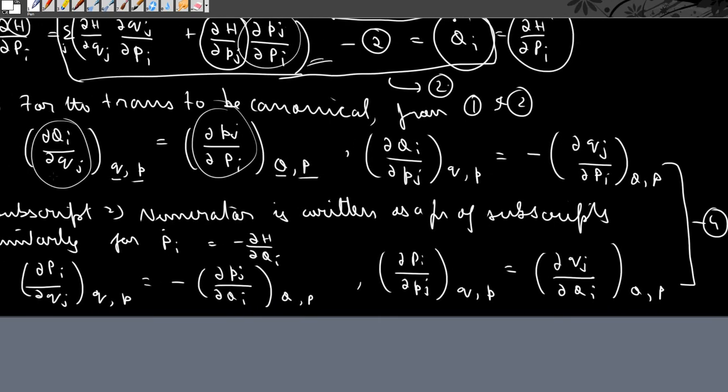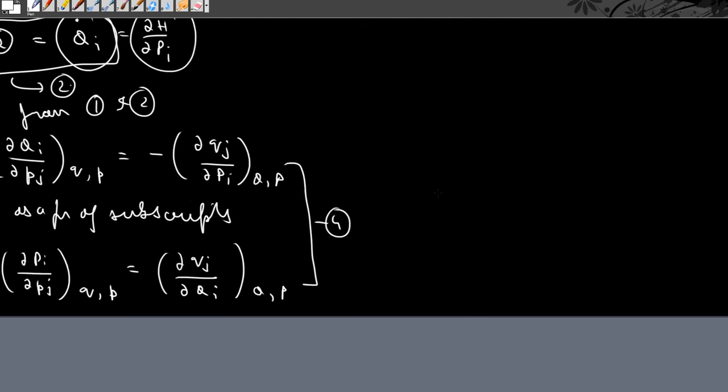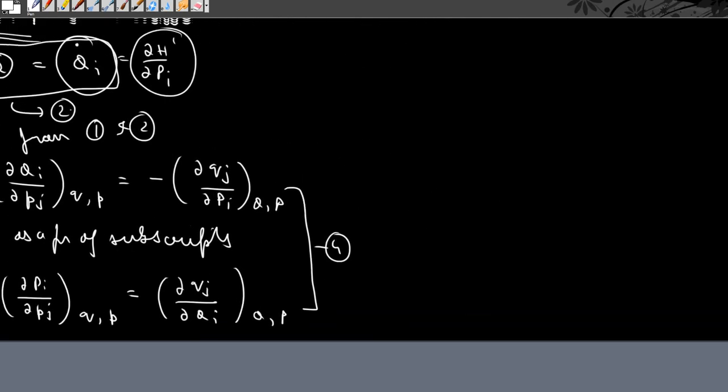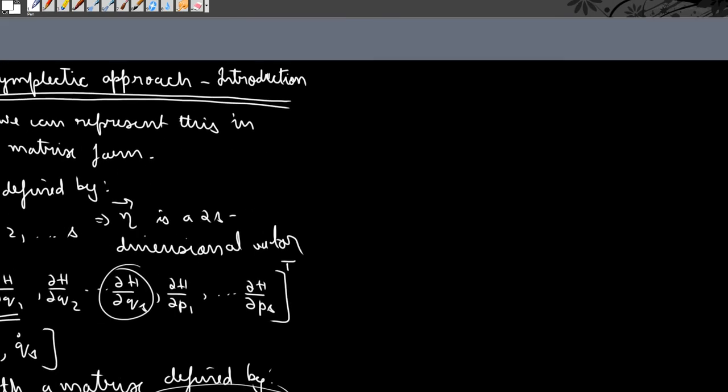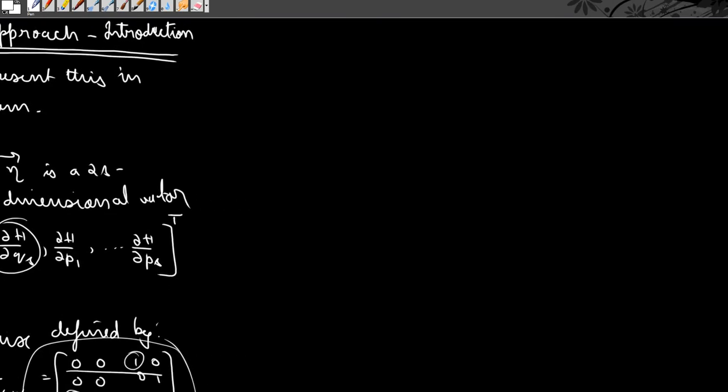These are the conditions which must be satisfied for the form of the Hamilton's equation to be preserved. Okay, and this condition is sometimes called the direct condition, just nomenclature.